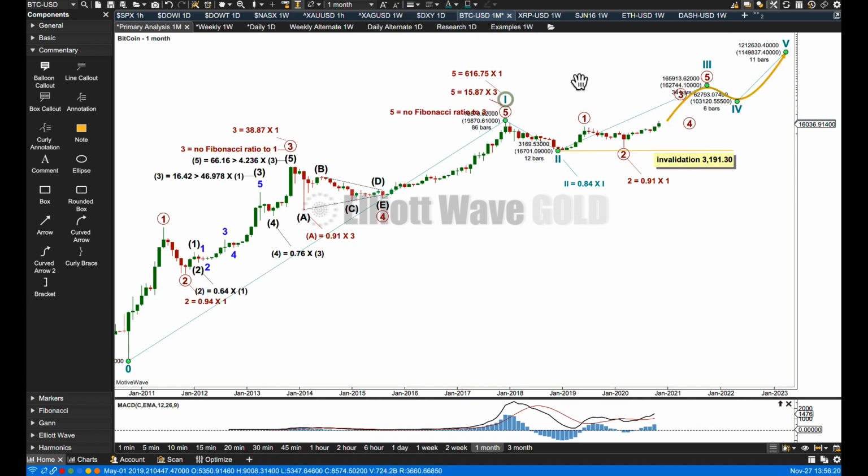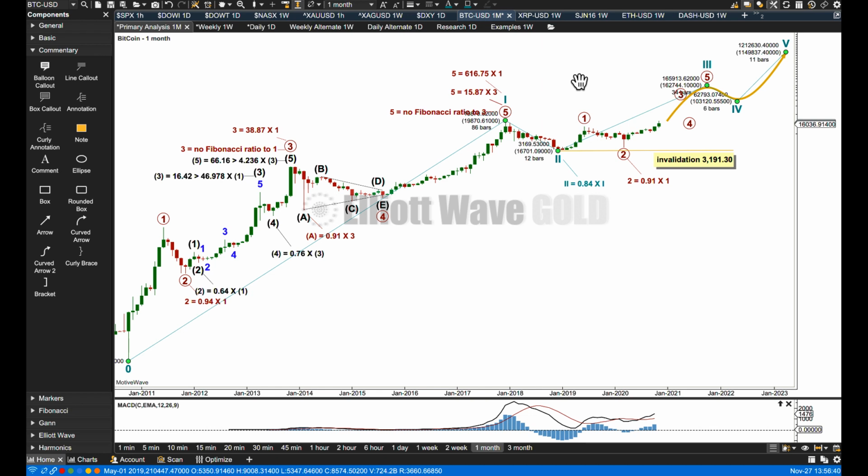5 could be 616 times the length of 1. So it could be, 1 was 19,870.61 times 616.75.